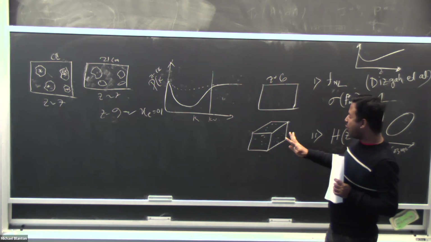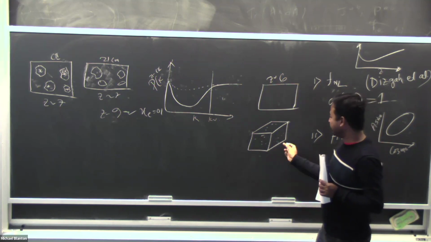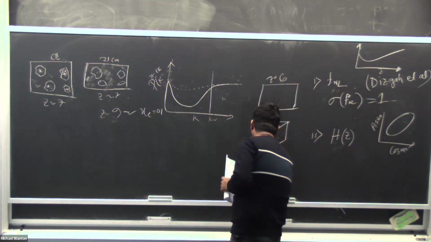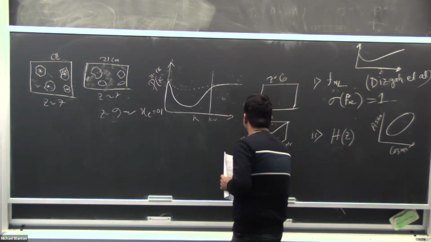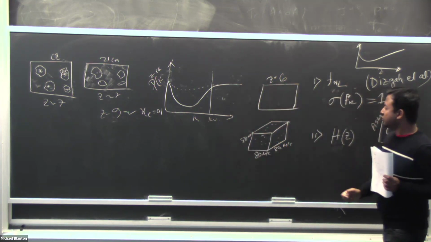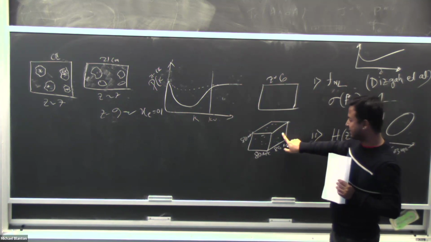It is okay to calculate the power spectra, for example, if the box size is 80 megaparsec, 50 megaparsec, and so on. So it will be easy to calculate the 3D power spectra.